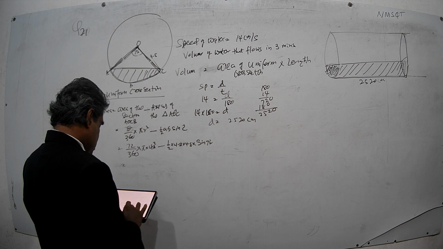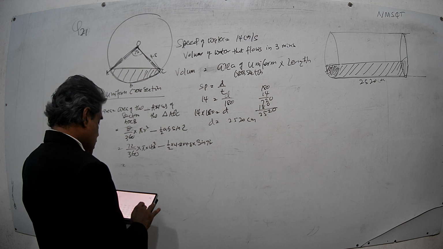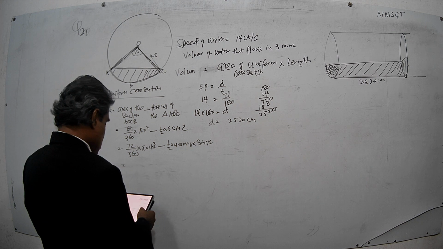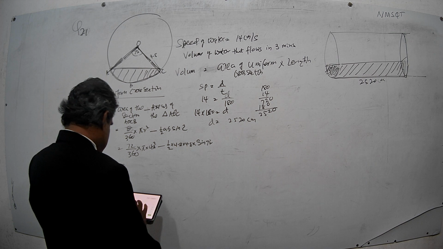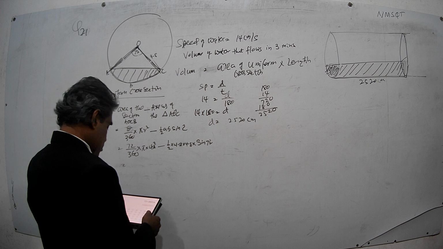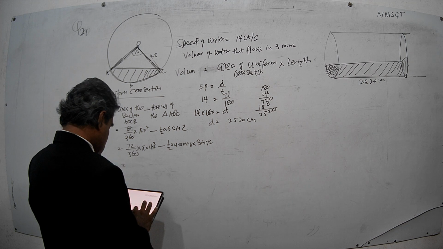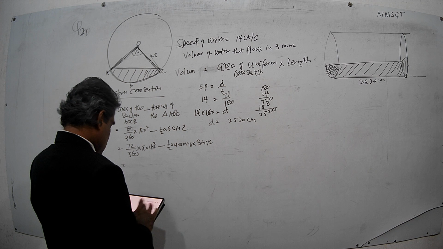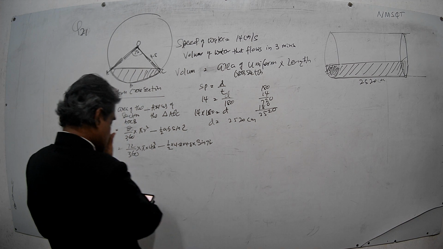72 divided by 360 into pi into 4.8 squared, right? Okay, that is that.